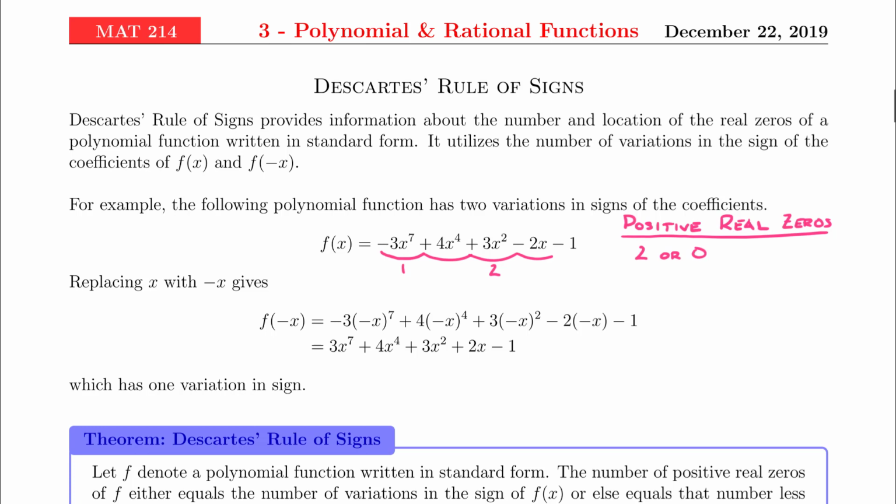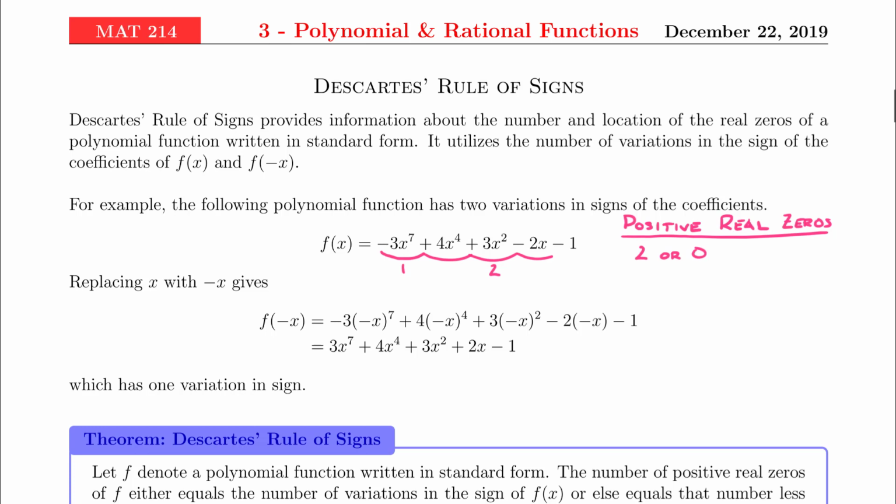If the number of sign changes is greater than 1, then we reduce that number by 2 until we can't reduce it by 2 anymore. So with this particular case, we had 2 sign changes. We reduce that by 2, we get 0. We can't reduce 0 by 2 any further. So that means we have either 2 or 0 positive real zeros.